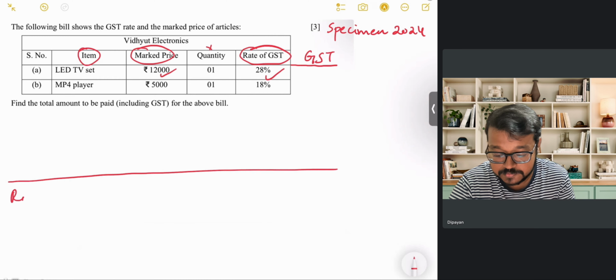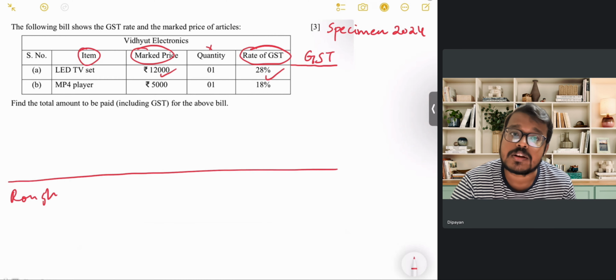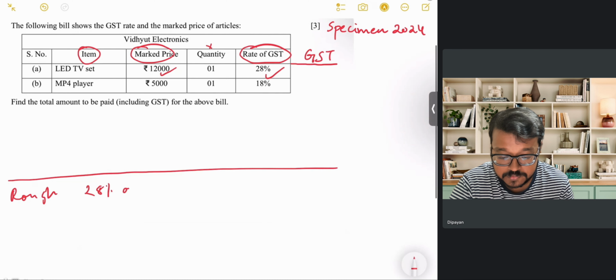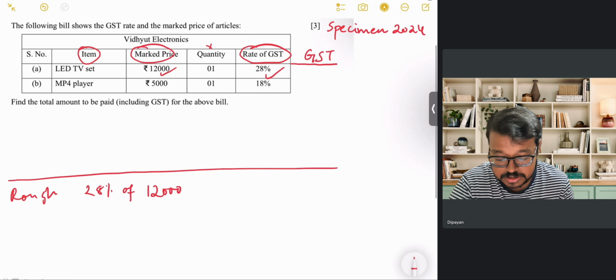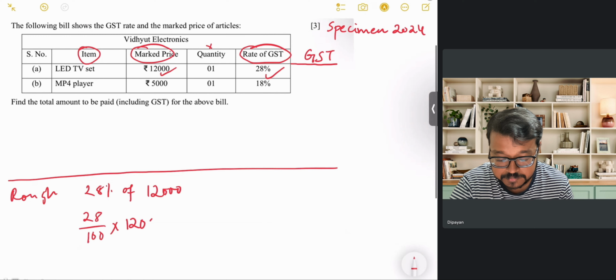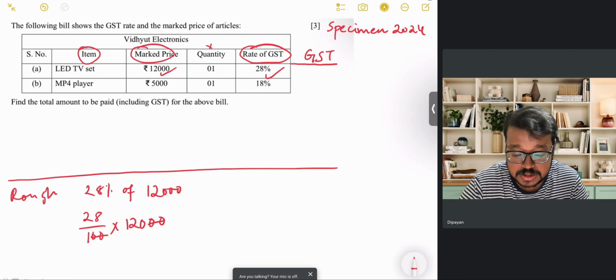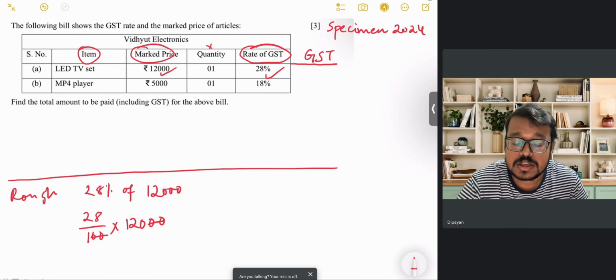Here in rough work, I am calculating 28% of 12,000, which is 28 by 100 into 12,000. So if I calculate 28 times 120, I will get the GST.